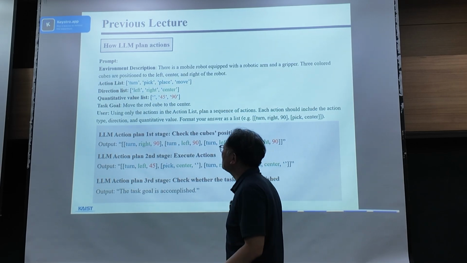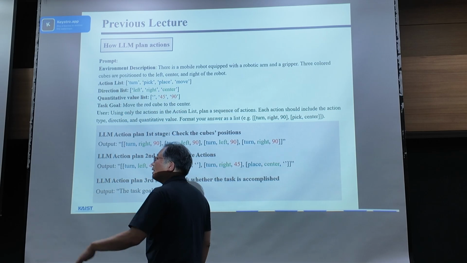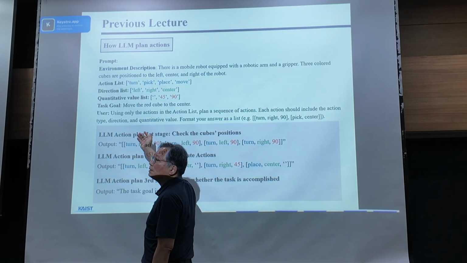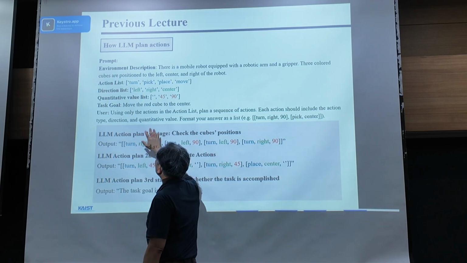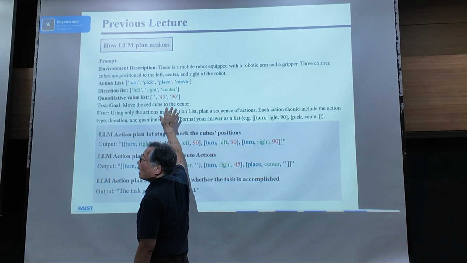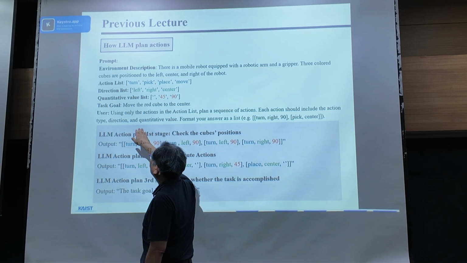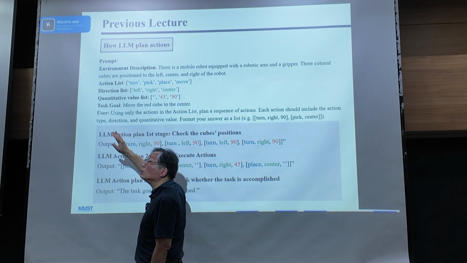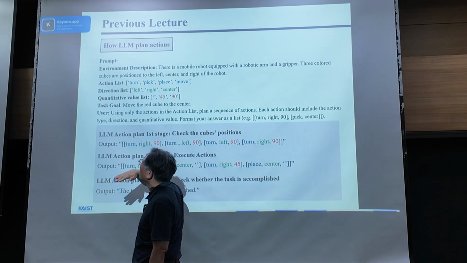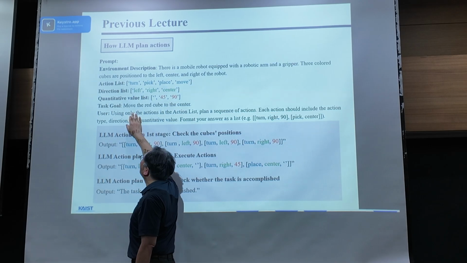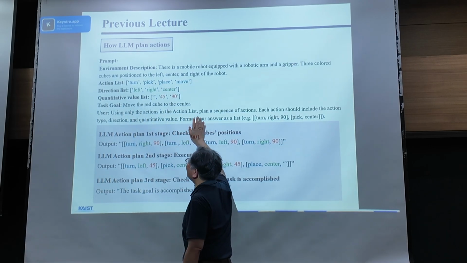You need to define this, and then you prompt the LLM. This needs to be described to the LLM beforehand, and then you give it a prompt: move the red cube to the center.